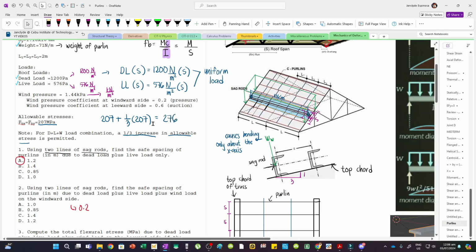Yan. But, to make it more efficient, instead of computing this separately, we know that this is multiplied by 1 times 207 plus 1/3 of it. Now, 1 plus 1/3 is 4/3. So, we can actually permit 4/3 of 207. This is usually what is used. Now, this is in the denominator.